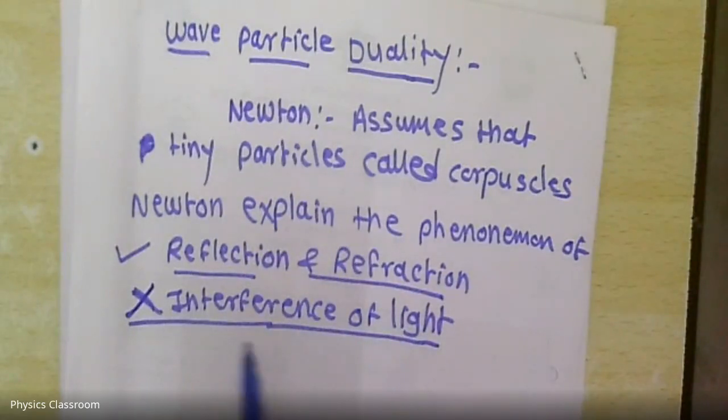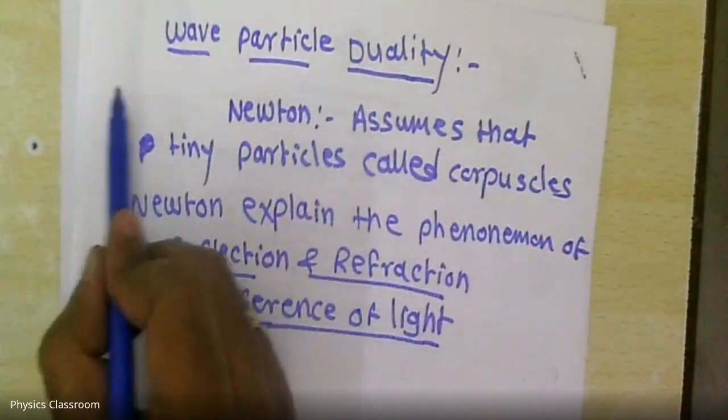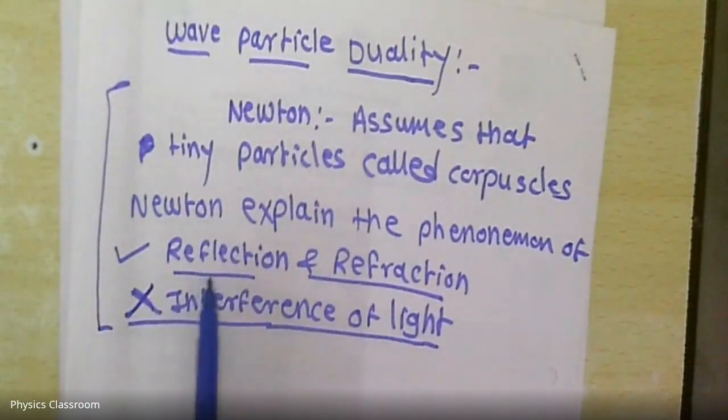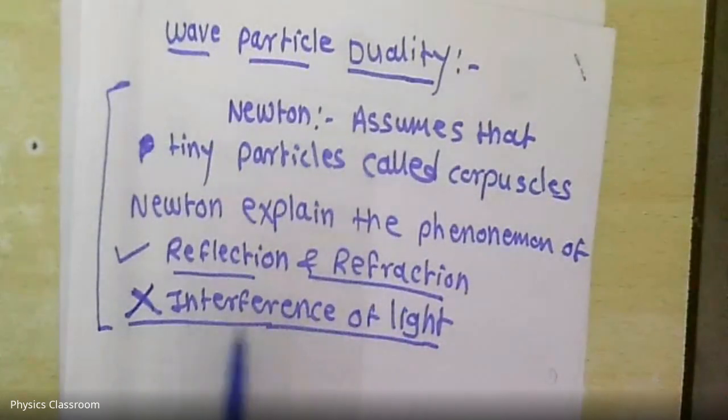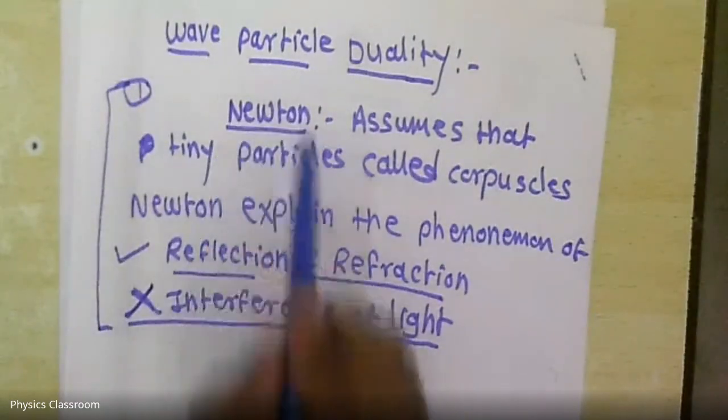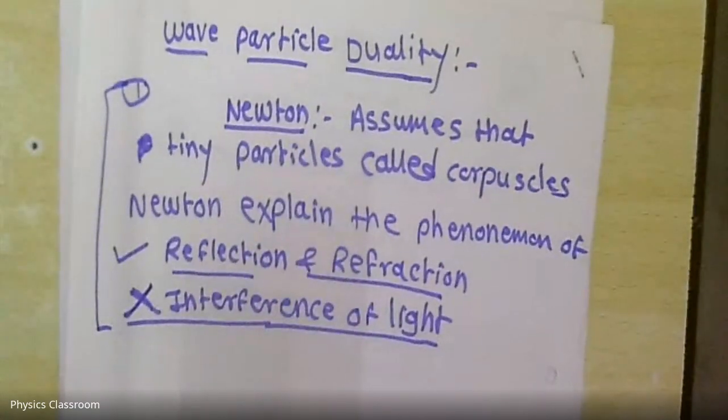Due to that reason, it does not explain the interference of light. It is only limited to reflection and refraction and is not valid for interference of light. This is the first point of view in wave particle duality.